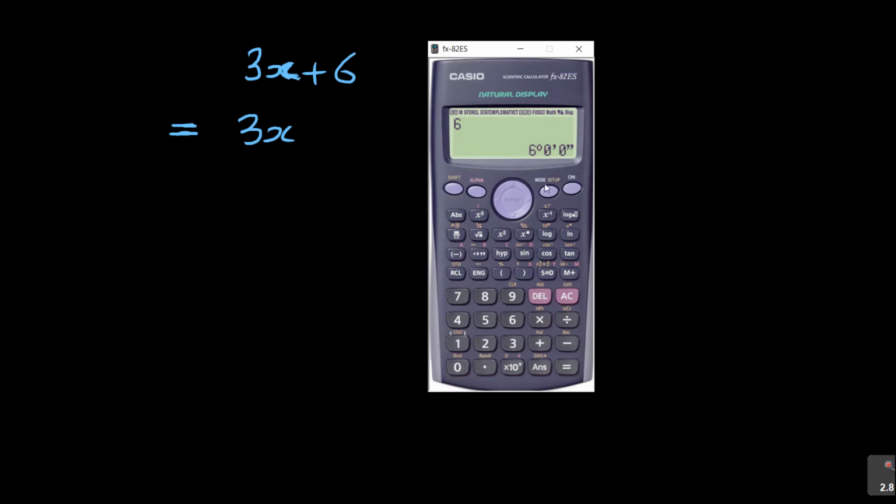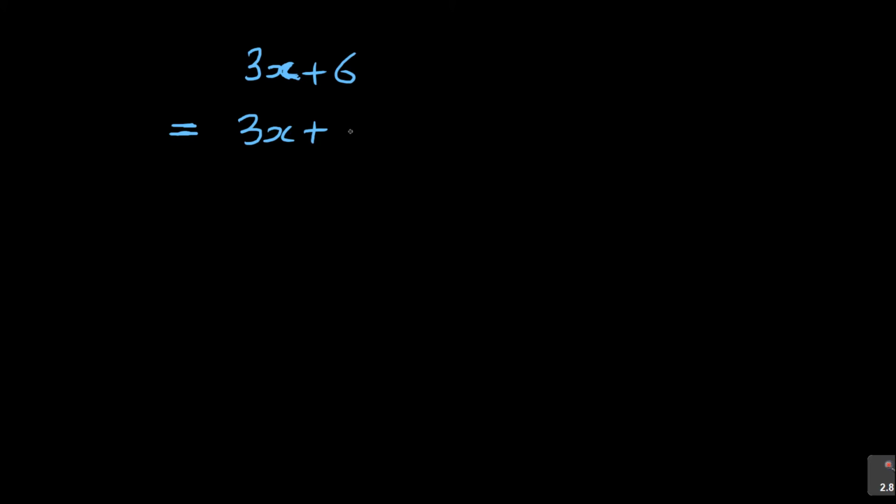Don't say 6 equal to then you press that. No, you must say 6 equal to, shift, and then press that. Then it will give you 2 times 3, so it's plus 2 times 3. You see, it is already showing you.